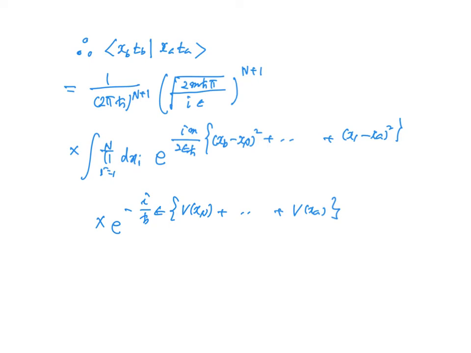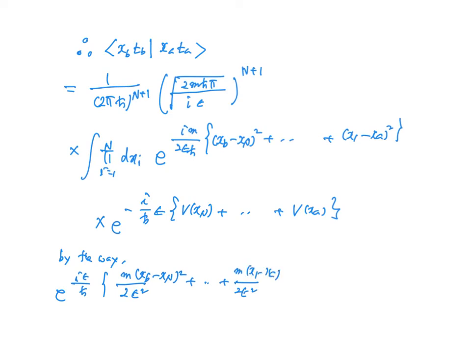By the way, exponential i epsilon over h bar, m over 2 epsilon square xb minus xn square, dot dot dot, m over 2 epsilon square x1 minus xa square, minus V of xn minus V of xa.